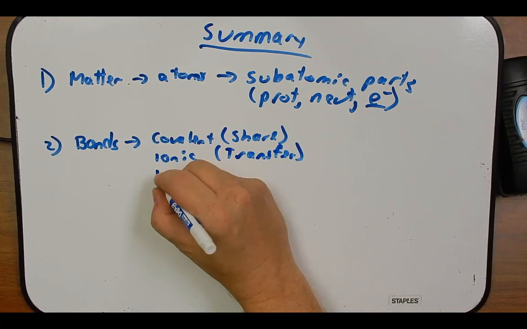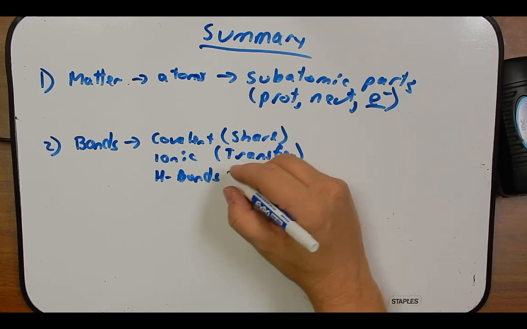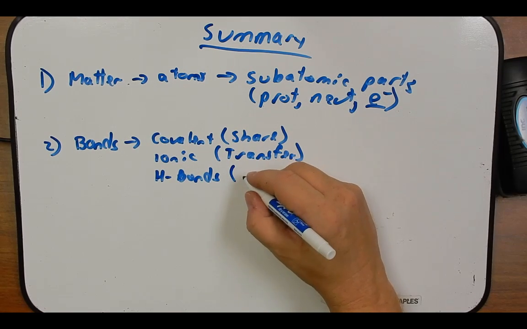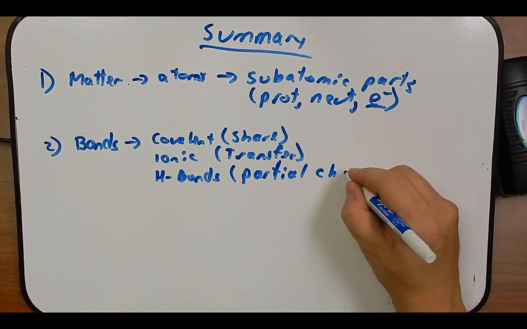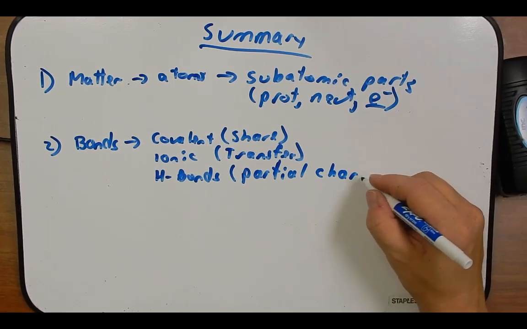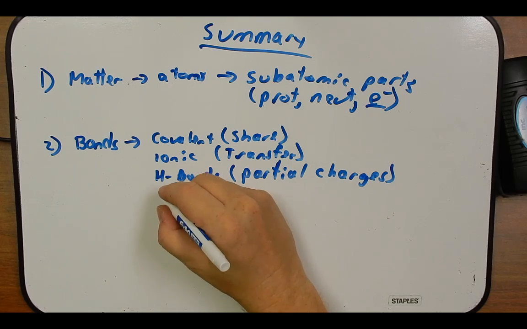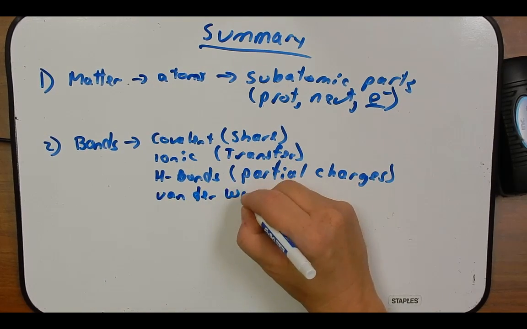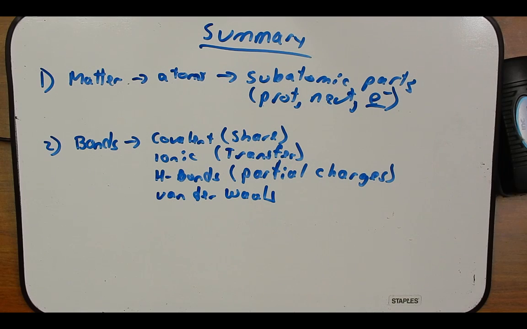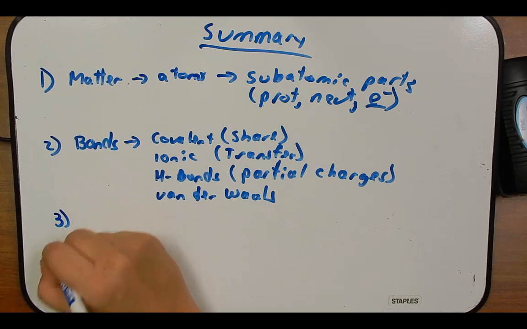And then we talked about hydrogen bonds and how hydrogen bonds form due to the partial charges of the water molecule or of the hydrogen atoms. And we talked about these great things called van der Waals interactions. These are very transient charges, but they're very strong. They allow things like the gecko lizard climbing up a very smooth glass window.